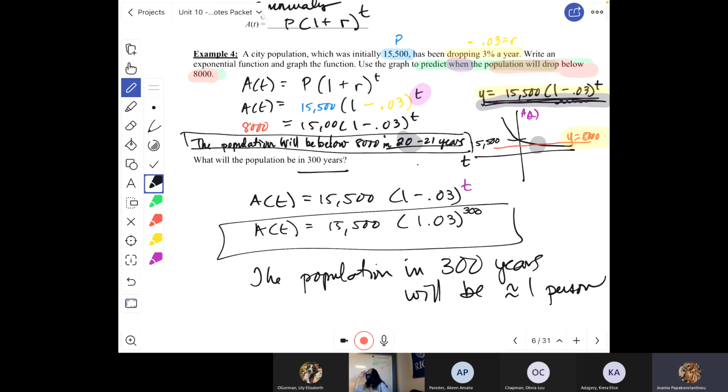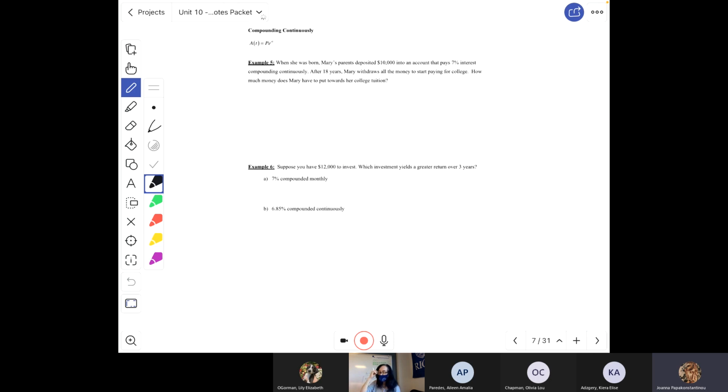Now, this was the formula we used for population and interest compounding a discrete number of times per year. What happens if I'm compounding continuously? Meaning not 1 or 2 or 3, I mean like it's always compounding.